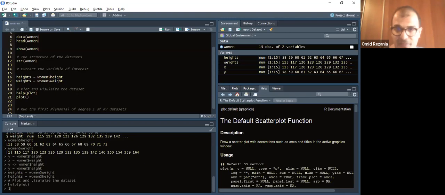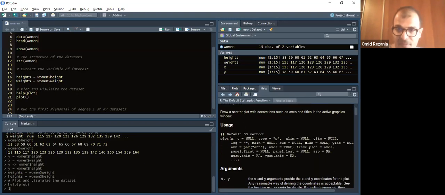Then by doing this, you will see that, okay, I have help. I'm just going to go with the first plot. It shows you now what arguments you need. You see that, for example, you need plot X and Y. These are the first two things which are important. Then I'm just going to come here to do the plot based on X and Y. What is going to be my X in these data sets?